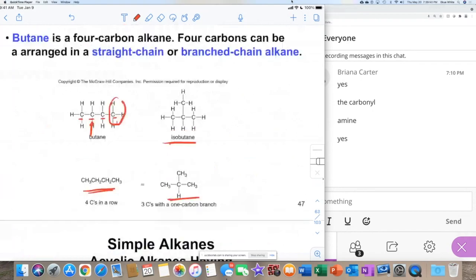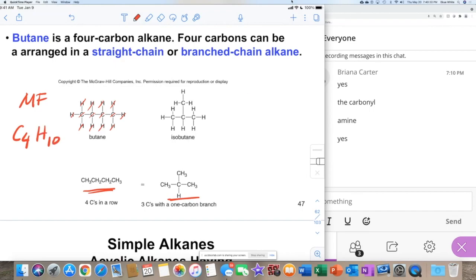So when you're looking at these two compounds, I remember Elizabeth asked me this yesterday. So you're saying if two compounds are isomers, they have to have the same molecular formula. Yes. So the molecular formula on the left of butane, let me see, I have 4 carbons, and then 1, 2, 3, 4, 5, 6, 7, 8, 9, 10 hydrogens, right?